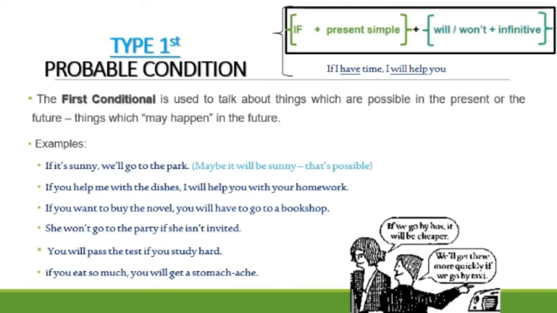If you want to buy the novel, you will have to go to a bookshop. She won't go to the party if she isn't invited. You will pass the test if you study hard. If you eat so much, you will get a stomach ache. So here you see the future condition. The first conditional has a future reference.